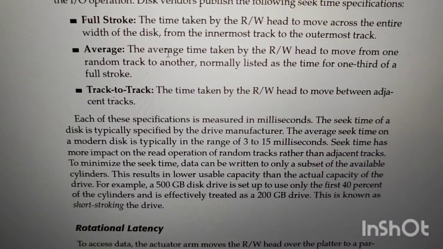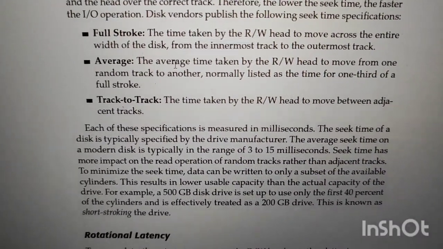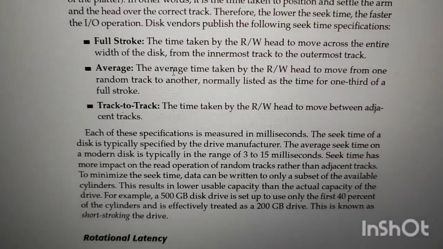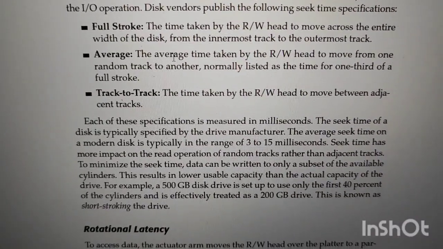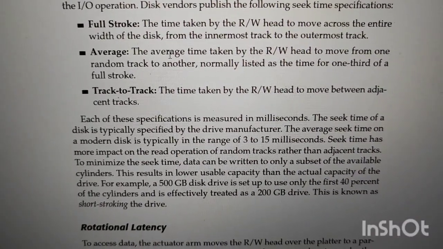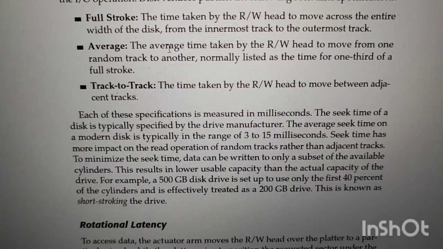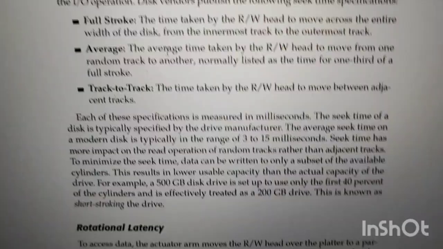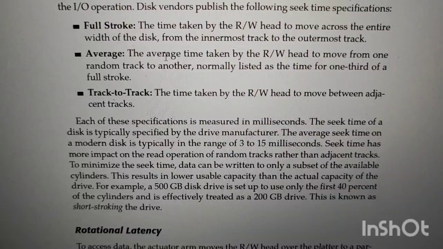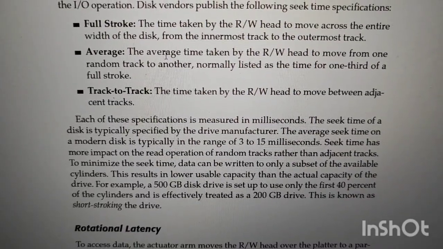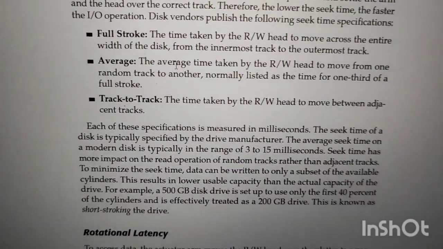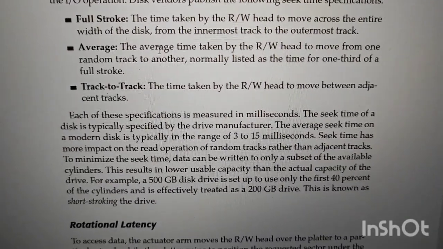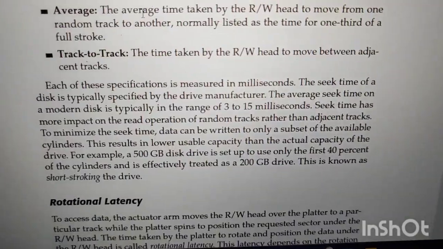The average time taken by the read write head to move from one random track to another random track is normally the time taken for 1/3 of the full stroke. Track to track is the time taken to move between adjacent tracks. So back to back, you have concentric circles, right? And each concentric circle is called a track.